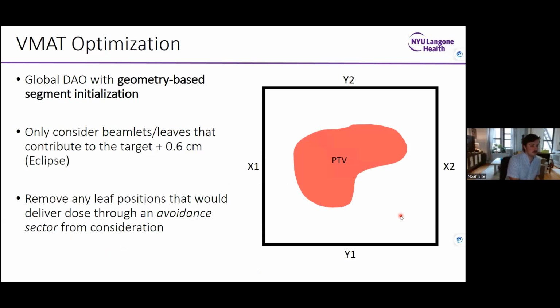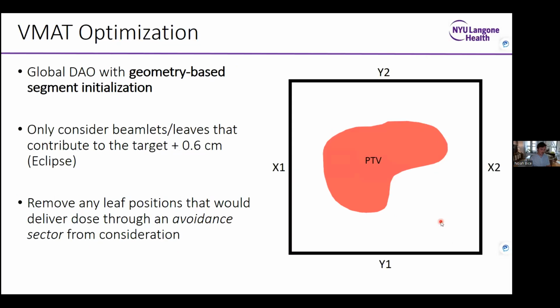So the first algorithm I want to talk about is the global DAO with geometry-based segment initialization. The vision of this algorithm is to reduce the dimensionality of the optimization space as much as possible. At the initialization of a global DAO search, at least in Eclipse, they only consider beamlets and leaf positions that will contribute to the target dose or to the dose within 6 millimeters of the target.